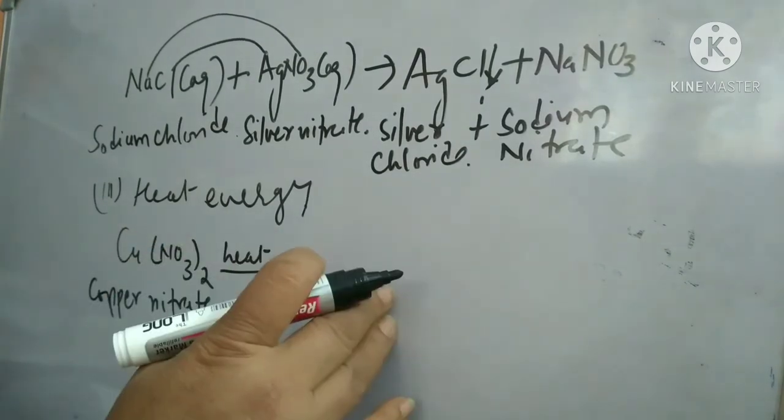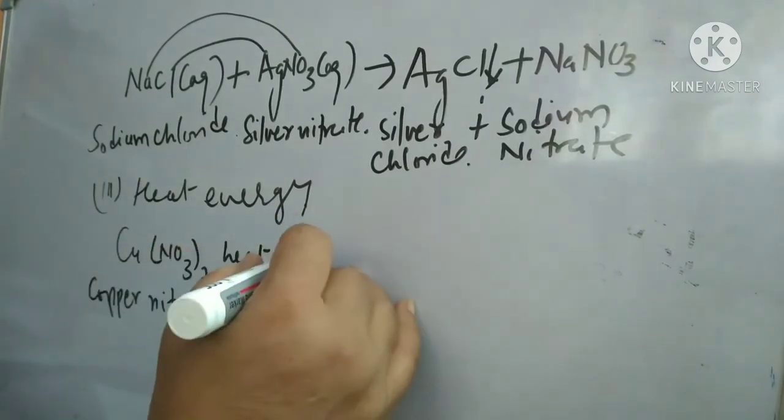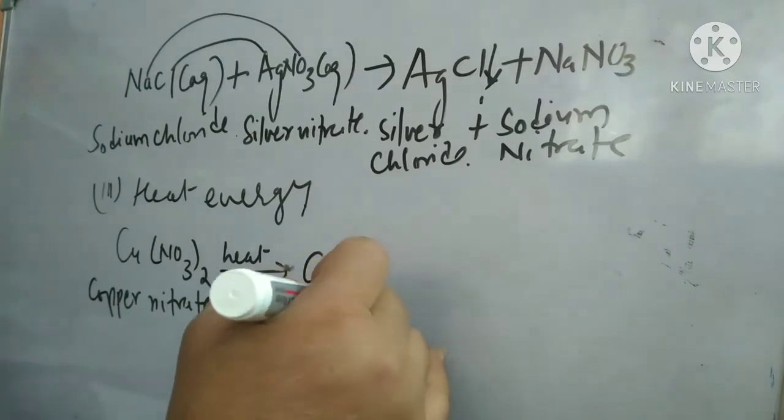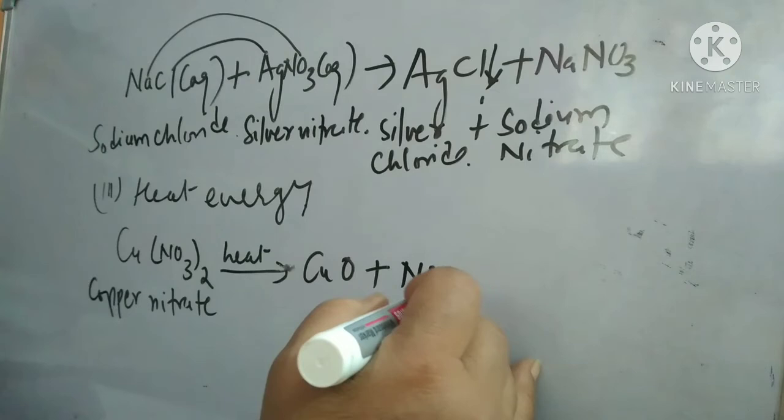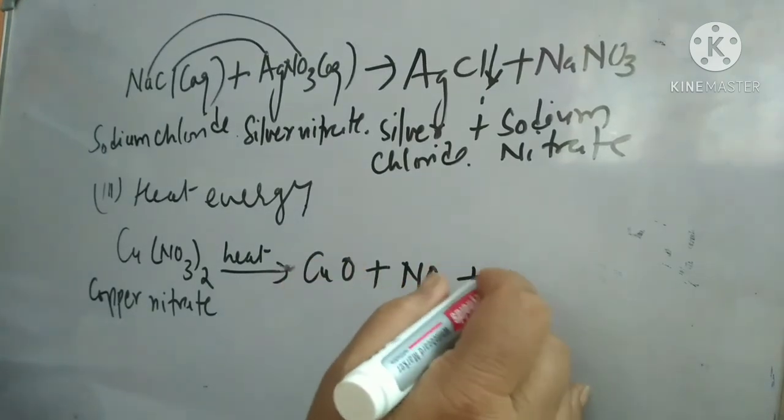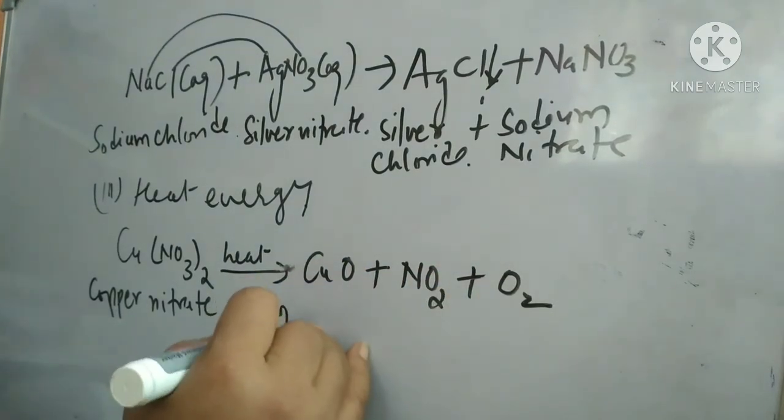So products which we will be getting over here will be copper oxide plus nitrogen dioxide, which is a gas, plus oxygen.